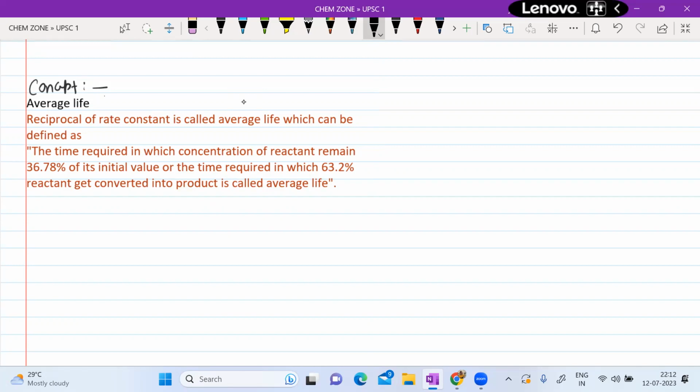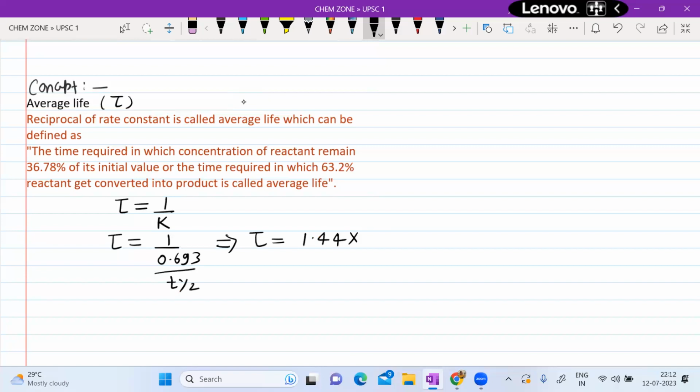So basically, average life is represented by tau, and it is the reciprocal of rate constant K. As we know that for a first order reaction, rate constant K is given as 0.693 upon T half. So we can say that tau will be 1 upon 0.693, which is equal to 1.44. So tau is equal to 1.44 into T half. The average life is just 1.44 times the half-life for a first order reaction.